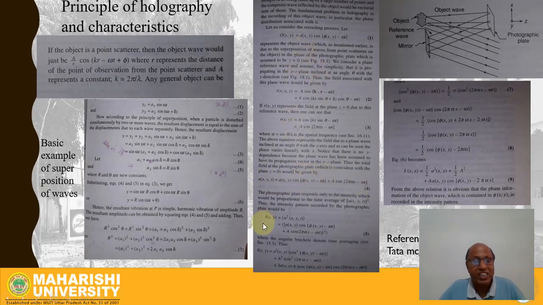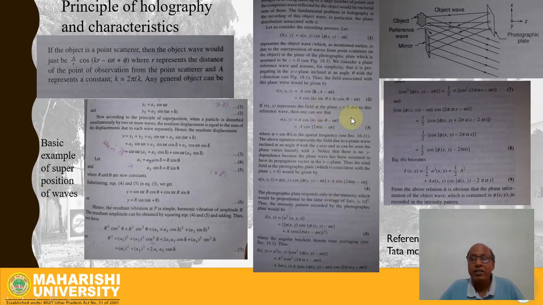And the intensity will be the square of the resultant amplitude, and this will be given by this one. See, the amplitude of the first wave, the amplitude of the second wave containing the phase information, and this 2a1 a2 cos delta, like this.